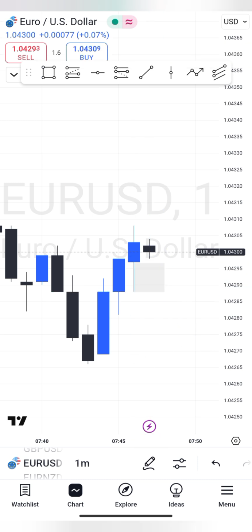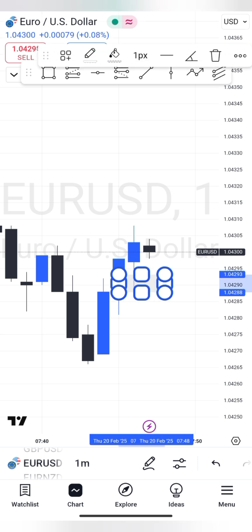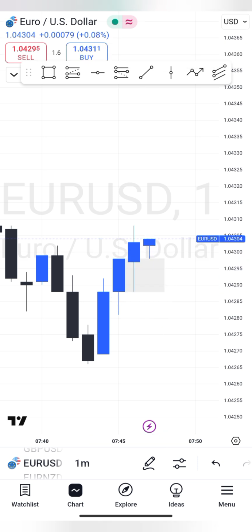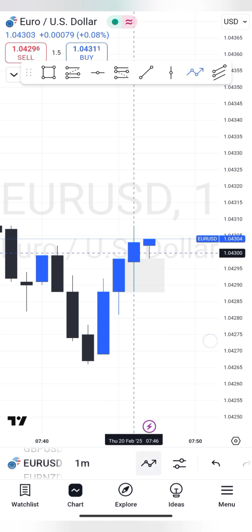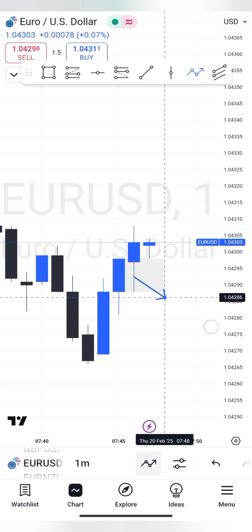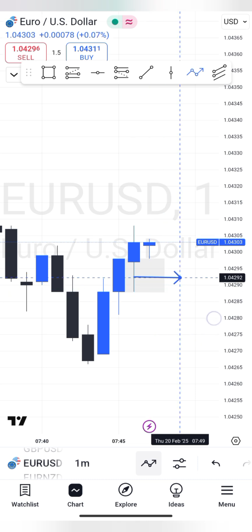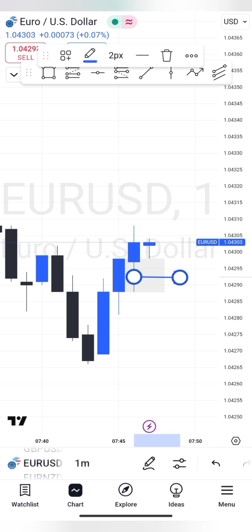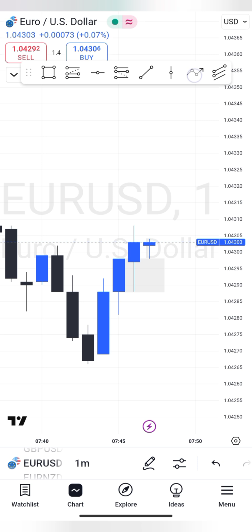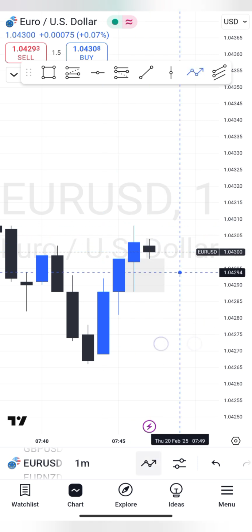I'm using light colors so that it does not mess up the whole thing. It's not a very smart decision that I just made. Okay, let me go this way.